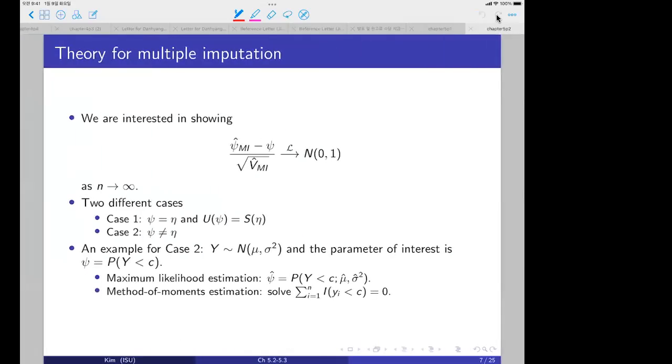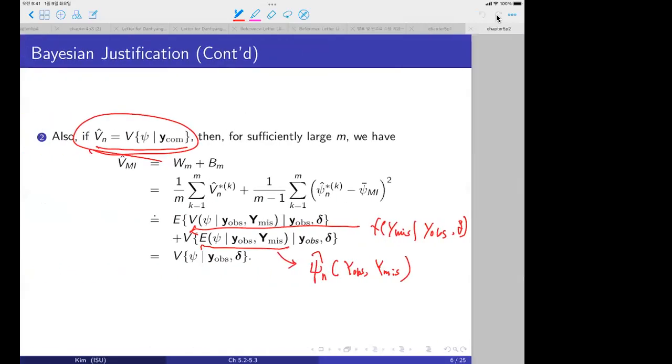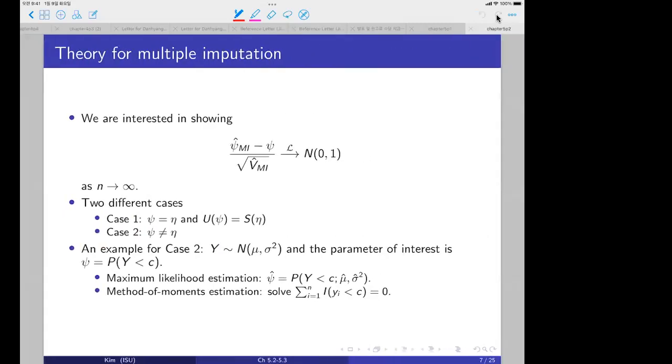Here's a summary of what I'm going to do. Basically, we want to show this: the multiple imputation point estimate, and then this one is Rubin's formula, which is W_M plus (1 + 1/M) B_M.